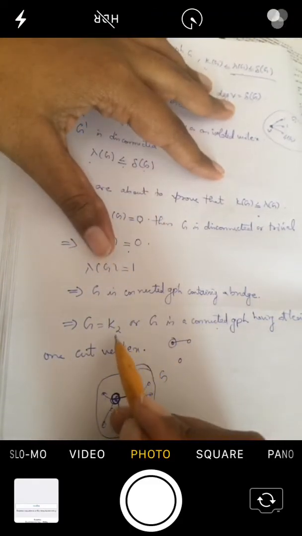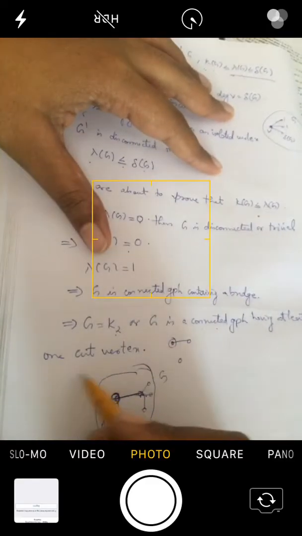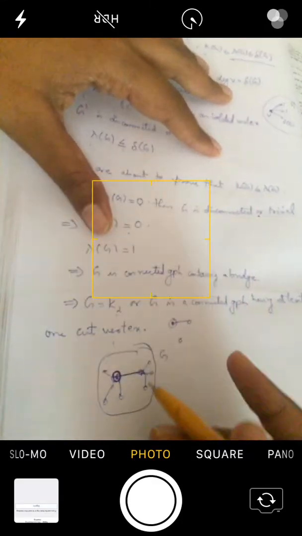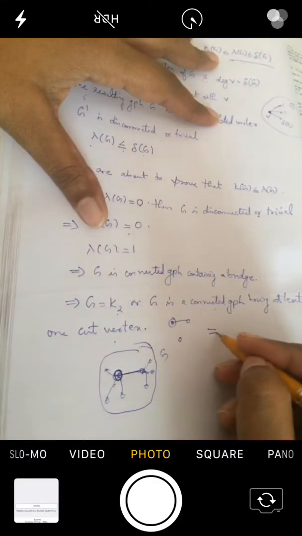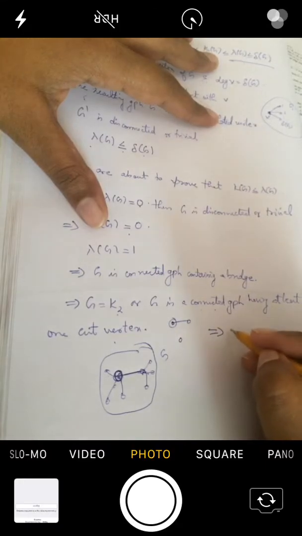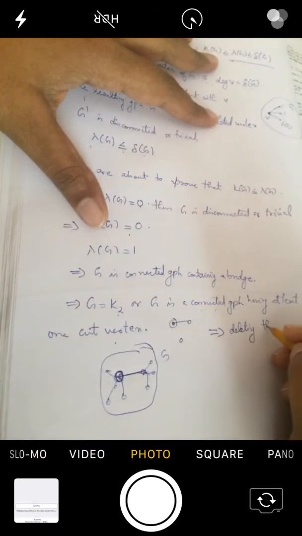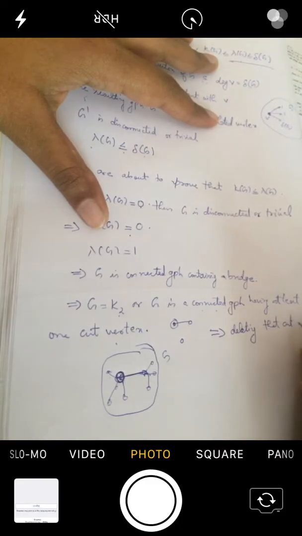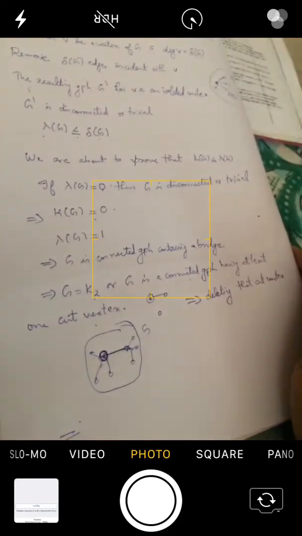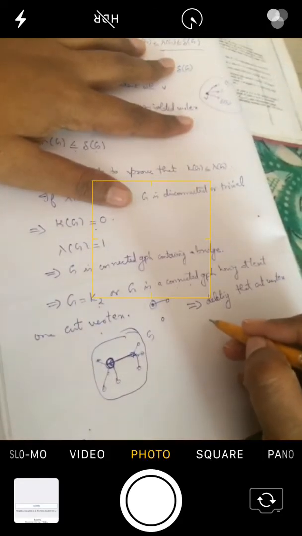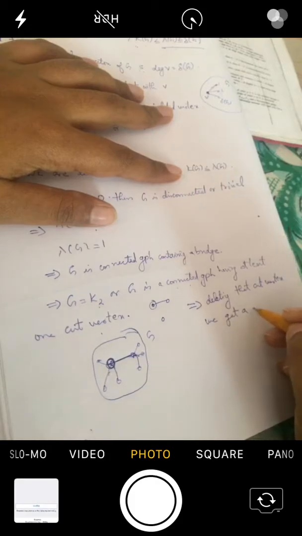So we come to the conclusion that G is either a K2 or G is a connected graph having at least one cut vertex. So this implies that deleting that cut vertex, we get a disconnected graph.